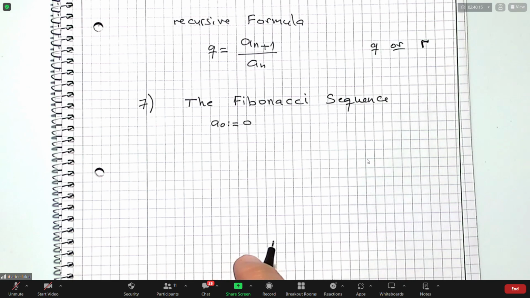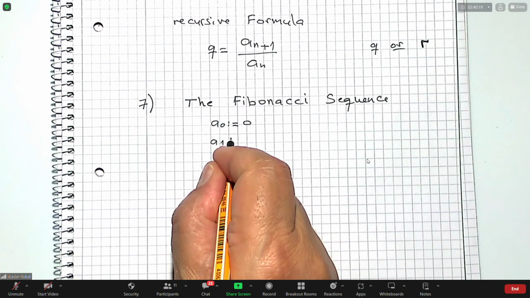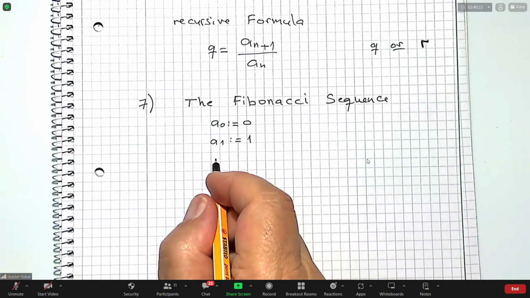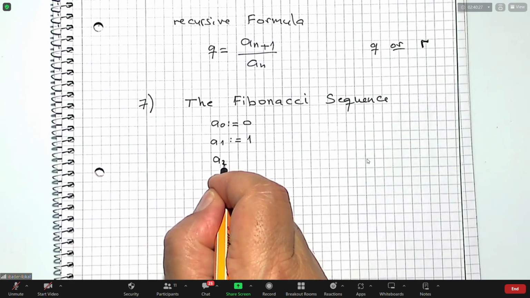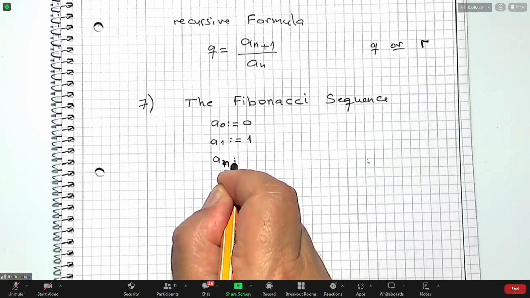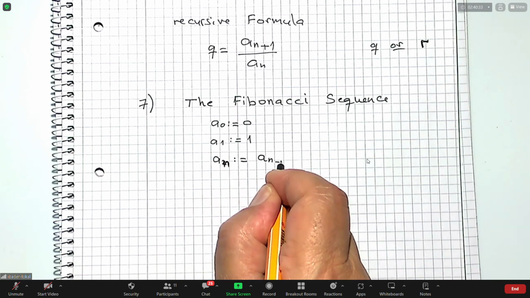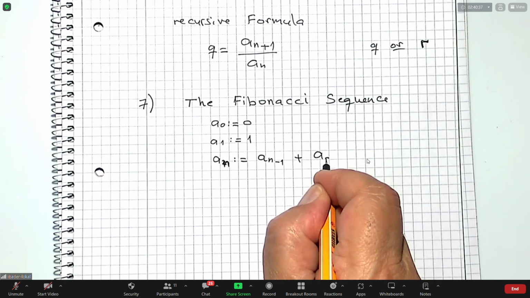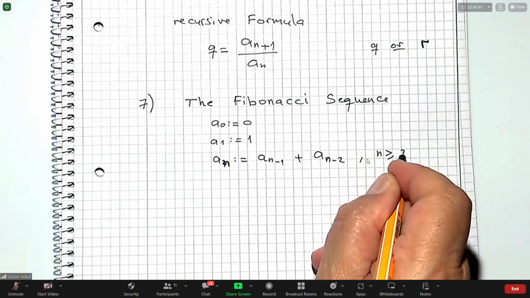Then A1 equals 1. And starting from A2, AN equals just the sum of the two previous terms, for n greater than or equal to 2.